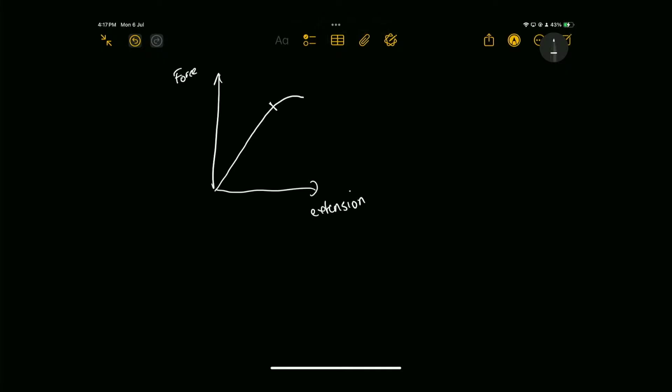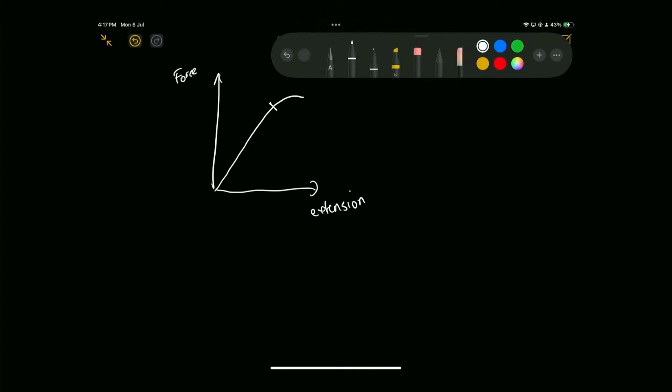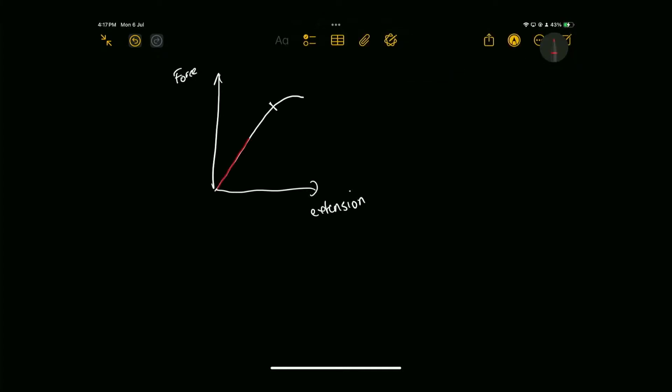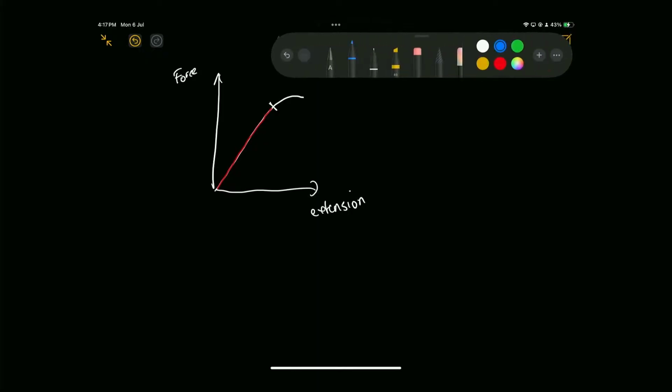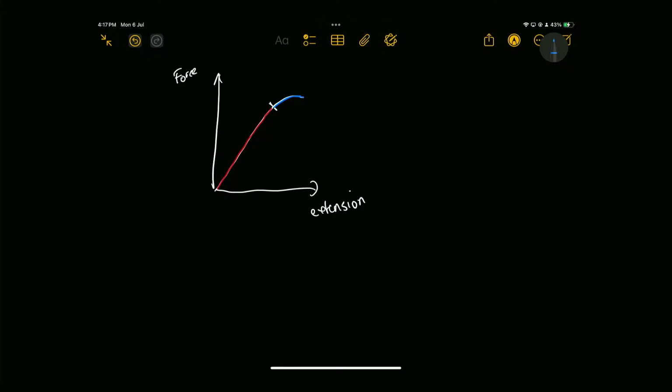And the points up till there, so the red part of this graph, this is a straight line, right? So we call this the elastic region, and the blue part of this graph, it no longer is a straight line, right? So we call this the plastic region.